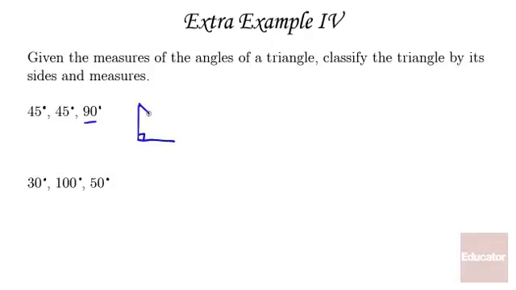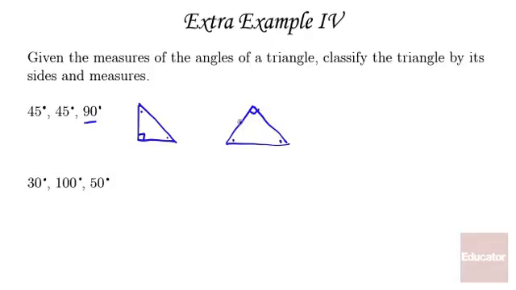Now this is 90. The other two angles are going to be 45 and 45, right? Now if I were to draw this like that, like a house kind of, this is 45 and this is 45, right? They're the same.